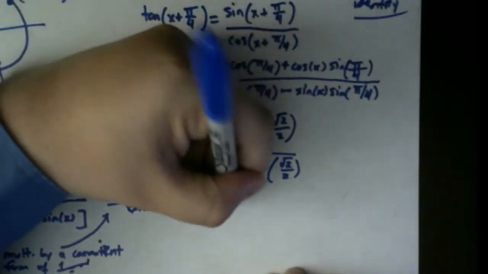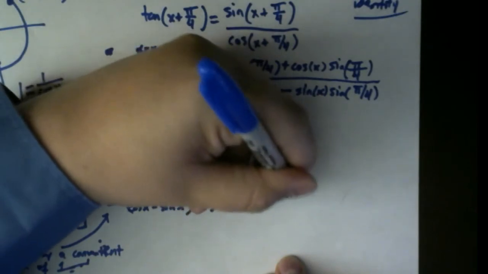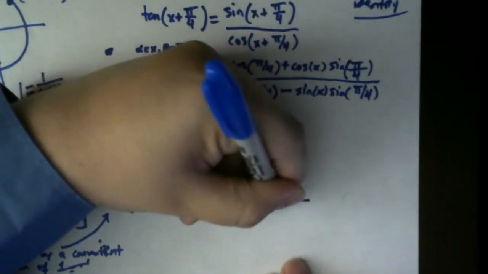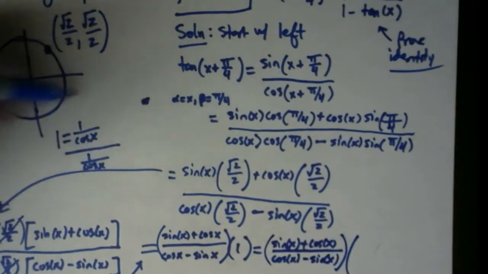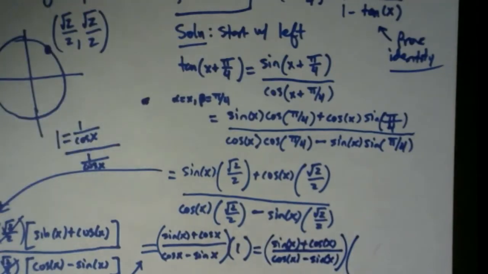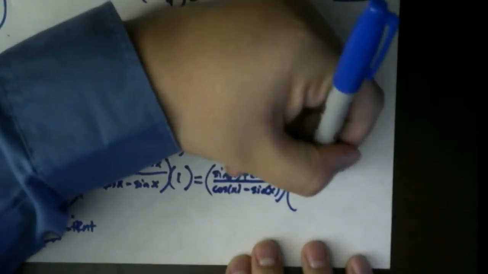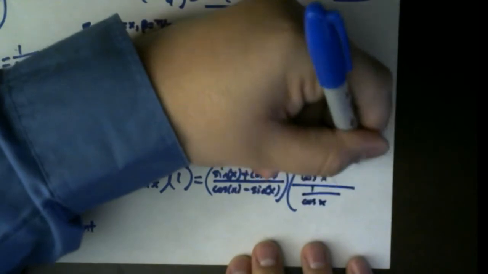And then I make the conscious decision to write that 1 in a convenient way. So it's this, and now I'm going to rewrite 1 like this. And I can do that. Equals are equals. So 1 over cosine x over 1 over cosine x.